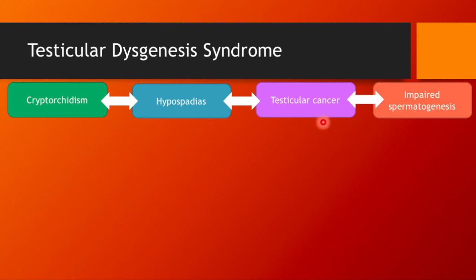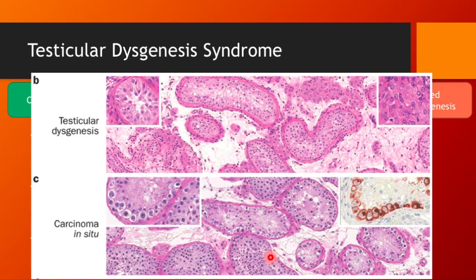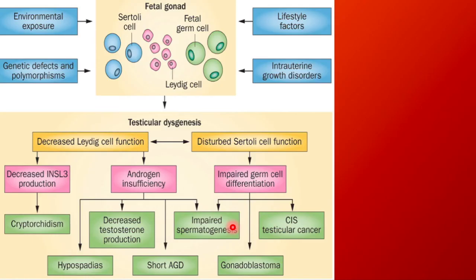However, not all of these cases of genital malformations and infertility are part of TDS. Only cases linked to poor development of the testes in fetal life can be considered part of this syndrome. This hypothesis is supported by histological studies, showing dysgenic features that are shared, such as undifferentiated tubules with immature Sertoli cells.